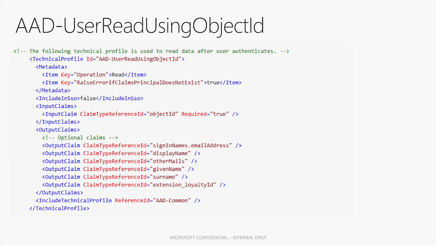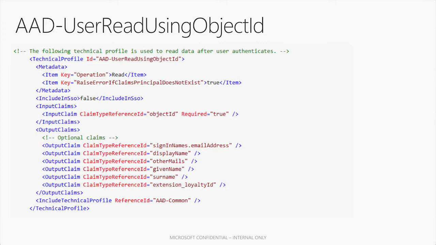Because during write, to optimize the number of calls we make into Graph API, if you say I want to write a user but I don't want an error to be generated, we have logic that will figure out whether this needs to be a patch or a post operation. But if you want the error to be generated, then it will say, okay, in this case it needs to be a post operation, and I don't need to do a patch or a read before that operation because it's a post anyway.